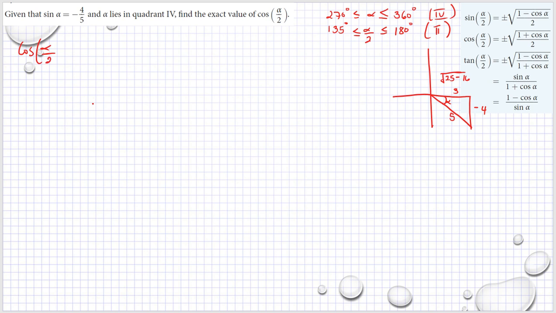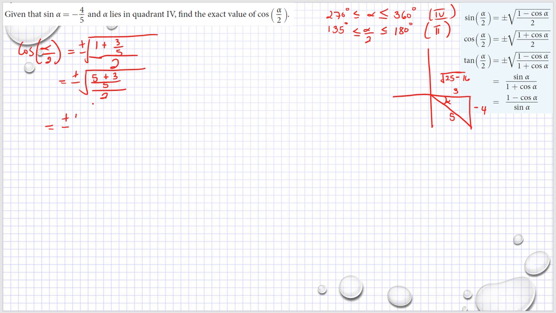Cosine alpha over 2 is equal to plus minus the square root of 1 plus cosine alpha over 2. That means 3 over 5 over 2. So we have plus minus the square root of, if we expand the 1, 5 plus 3 over 5 over 2.